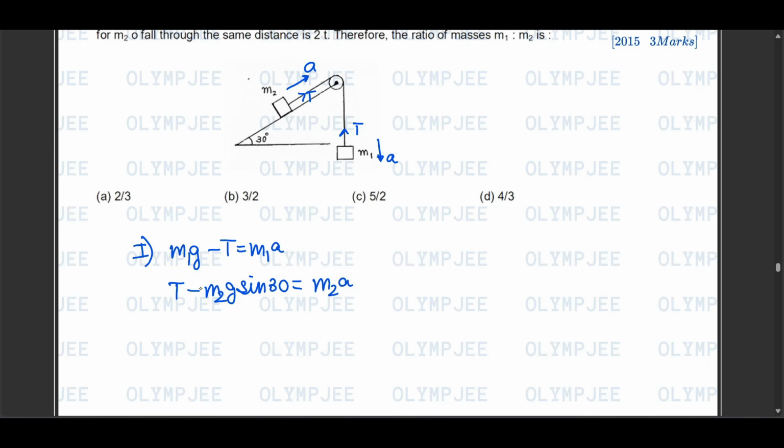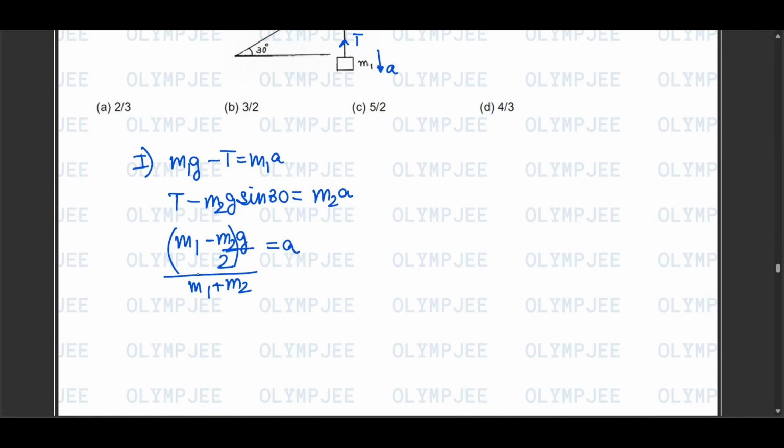So from here, if we add these two equations, we'll get the acceleration as m1 minus m2g sine 30, which is half, divided by m1 plus m2.